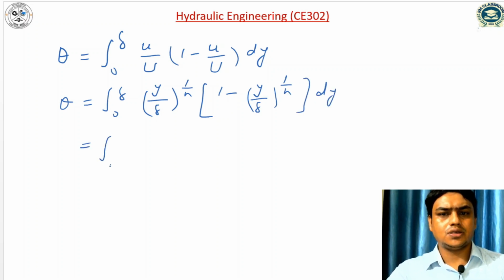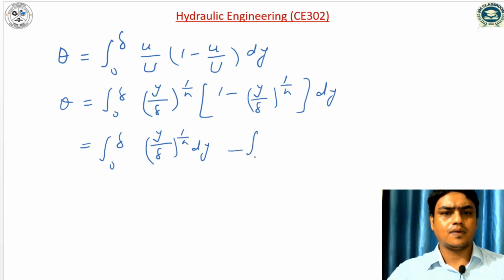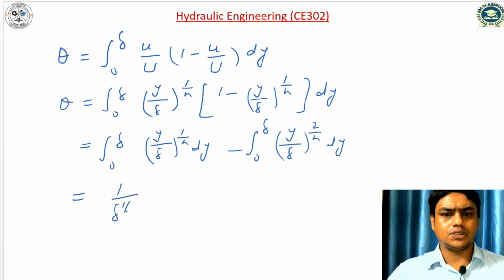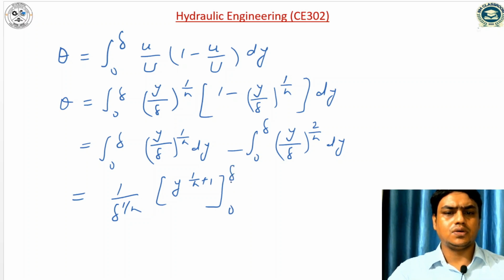That is the integral from 0 to delta of y by delta to the power 1 by n dy minus the integral from 0 to delta of y by delta to the power 2 by n dy. If I integrate, this is delta to the power 1 by n, y to the power 1 by n plus 1, running from 0 to delta.